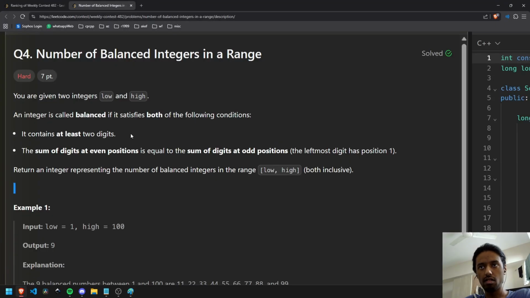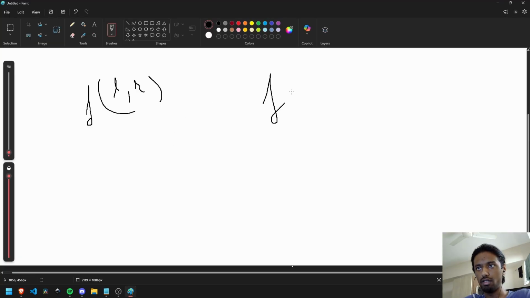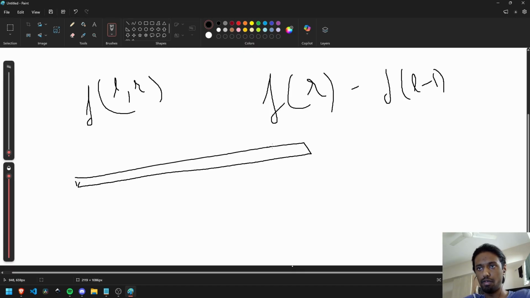Since we have to just find the count, we can write a function f(R) minus f(L minus 1), which works like prefix sums. If we have to find the count in L to R, we can find the count in 0 to R and then 0 to L minus 1 and subtract this, so we get the result we want.